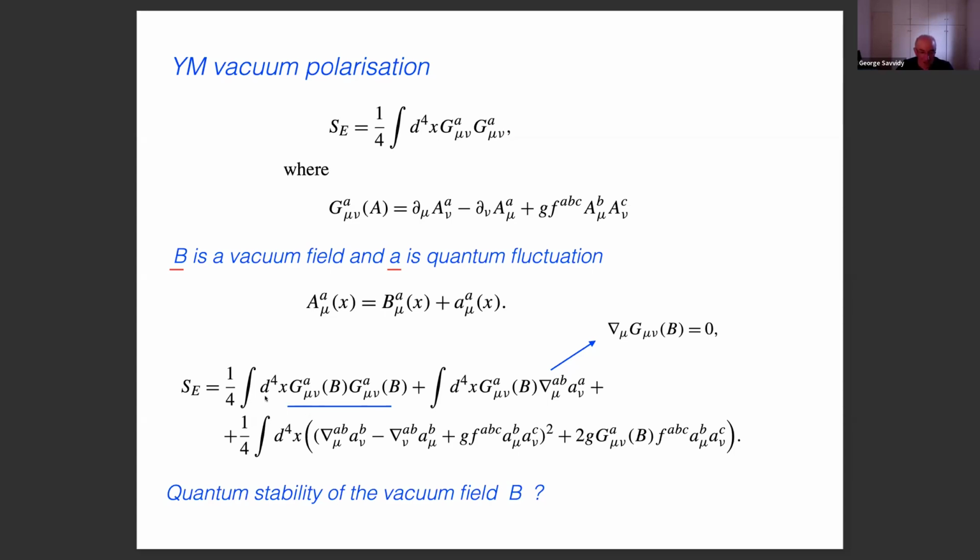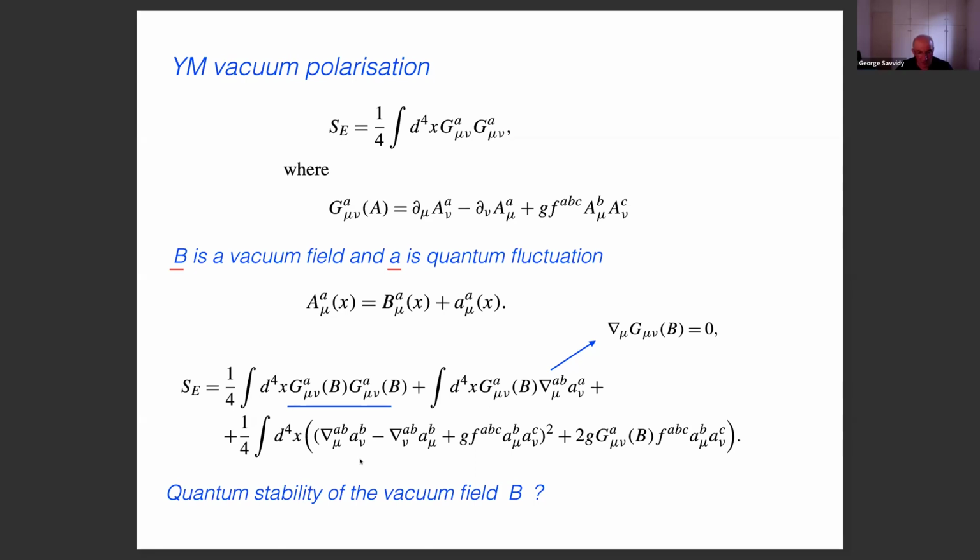What you will see is that there is a first term, which is just the classical action of your B field. Then there is a term where, if you do the partial differentiation, this nabla will go to the left, will hit the G mu, and this term is 0. So the term linear in quantum fluctuations is 0.